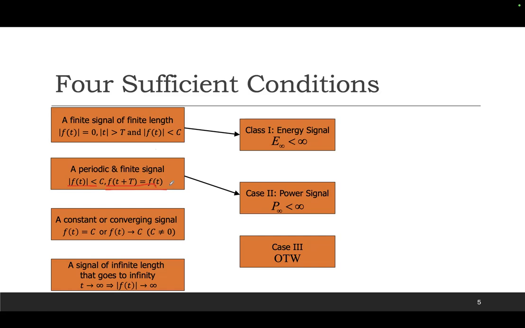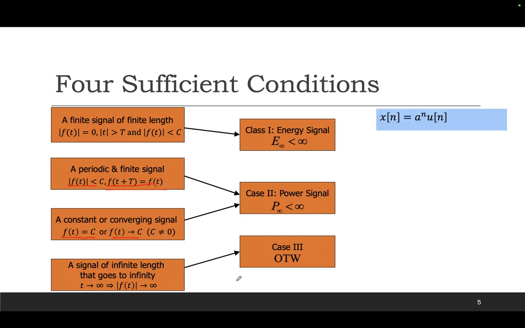The other periodic signals are power signals. Signal 3, a constant or convergent signal, means the value equals a specific value, or it converges to a specific value. What type is it? Class 2. Just remember that. Otherwise, if a signal has infinite length and the value goes to infinity, then it is class 3.